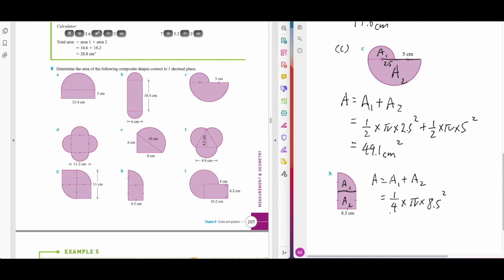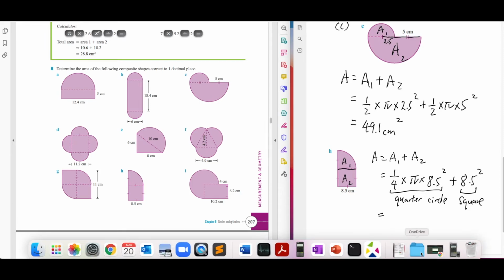So that's the area of the quarter circle, plus the area of a square. Now the area of a square I don't need to teach you, it's just 8.5 squared, right? Because it's just this shape here. So this is a square. Alright, so then how do you find this out? Just type it into your calculator.